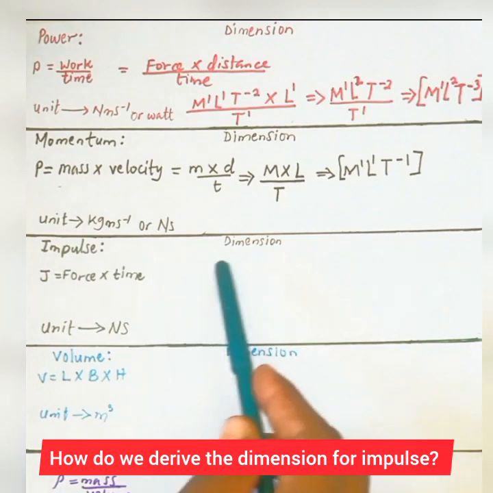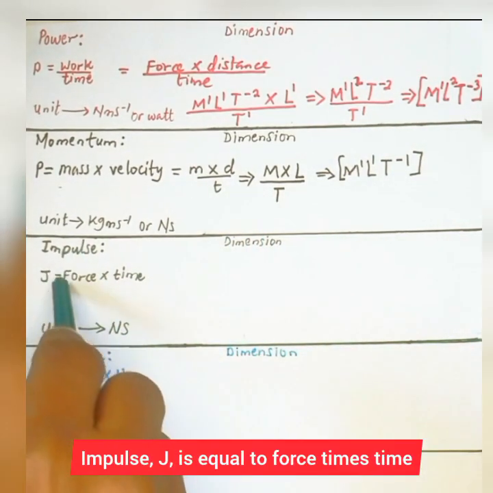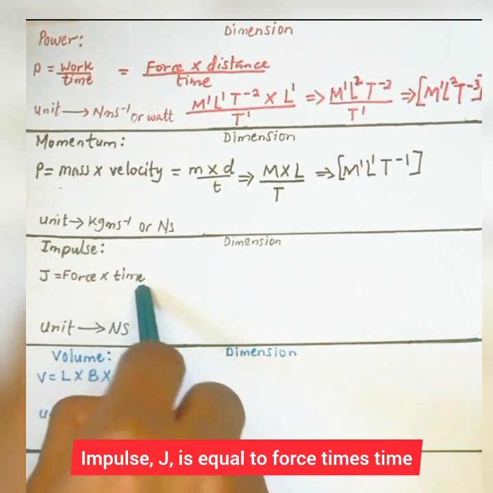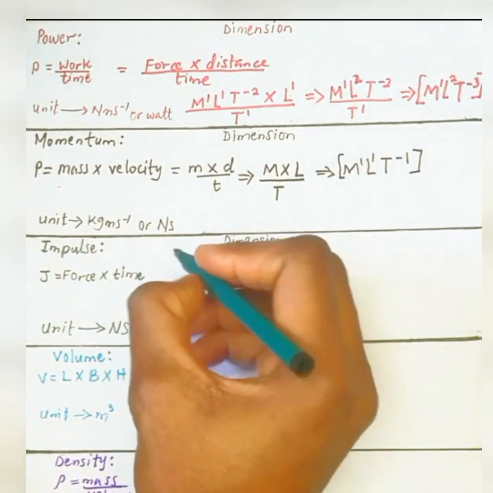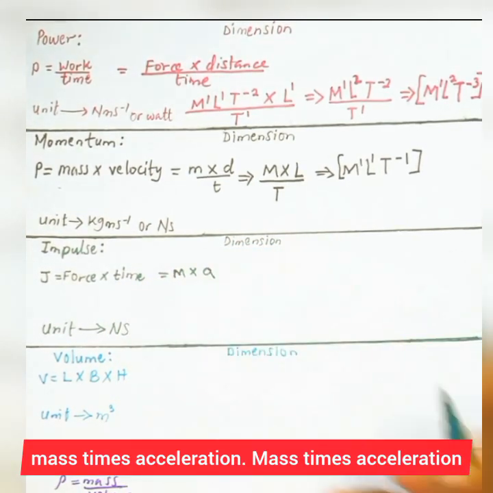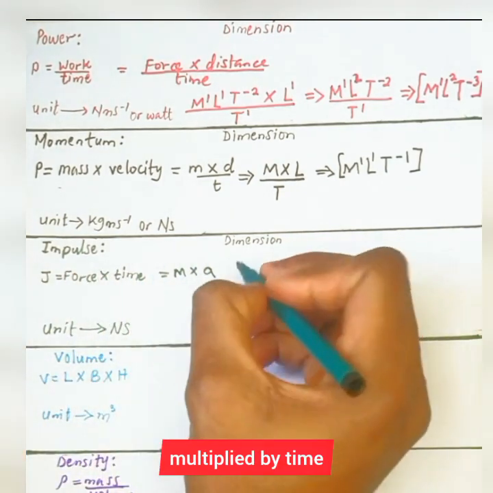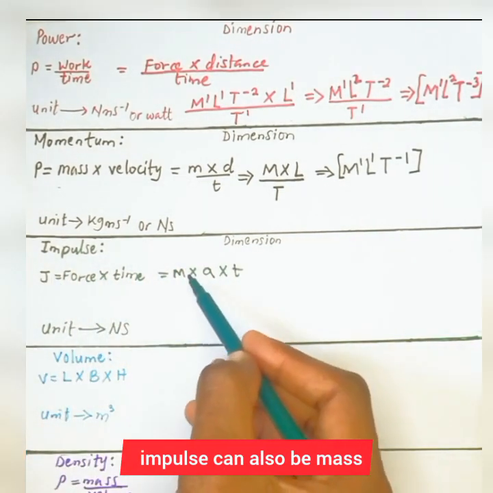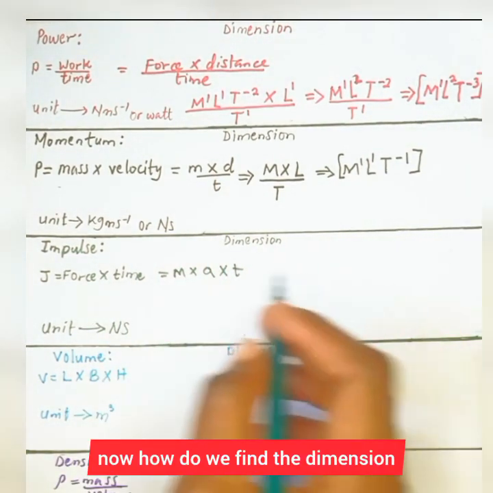How do we derive the dimension for impulse? Impulse, J, is equal to force times time, and the unit is Newton second. Force is mass times acceleration, so impulse can also be mass times acceleration times time. Now, how do we find the dimension?